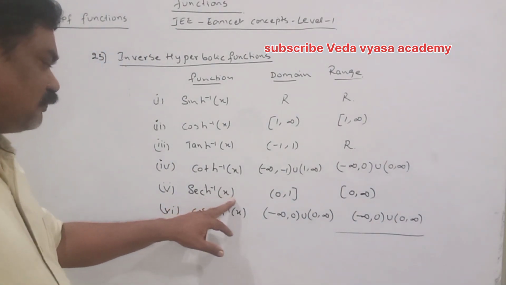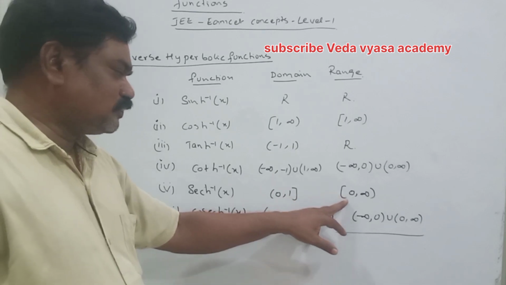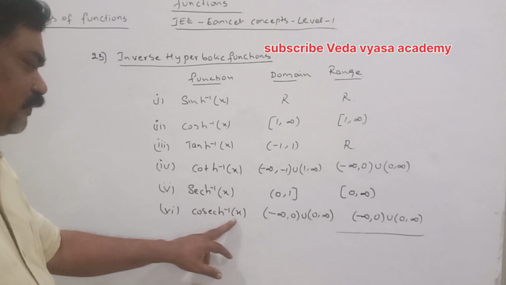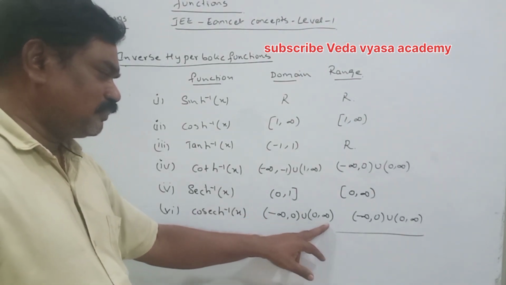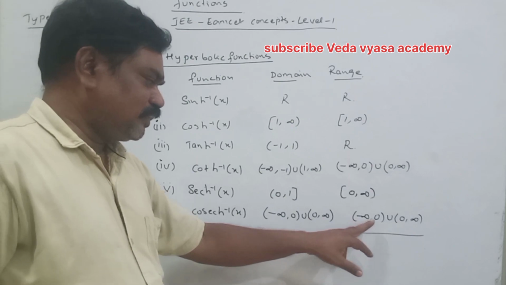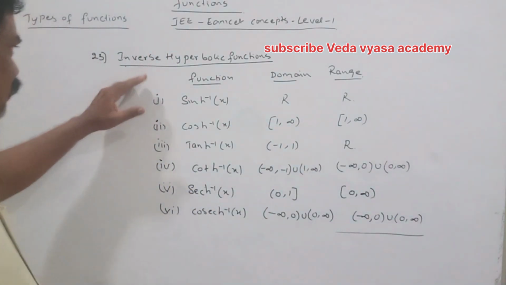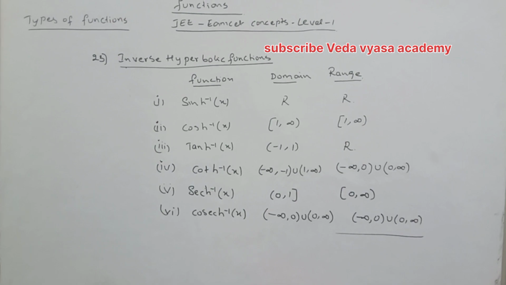Sech inverse of x, 0 to 1 closed, range 0 to infinity. Csch inverse of x, minus infinity to 0 union 0 to infinity, range minus infinity to 0 open union 0 to infinity. These are the inverse hyperbolic functions, their domains and ranges.